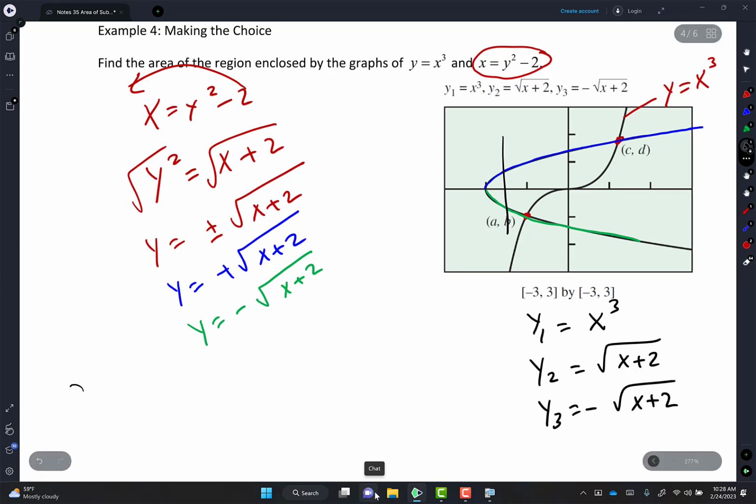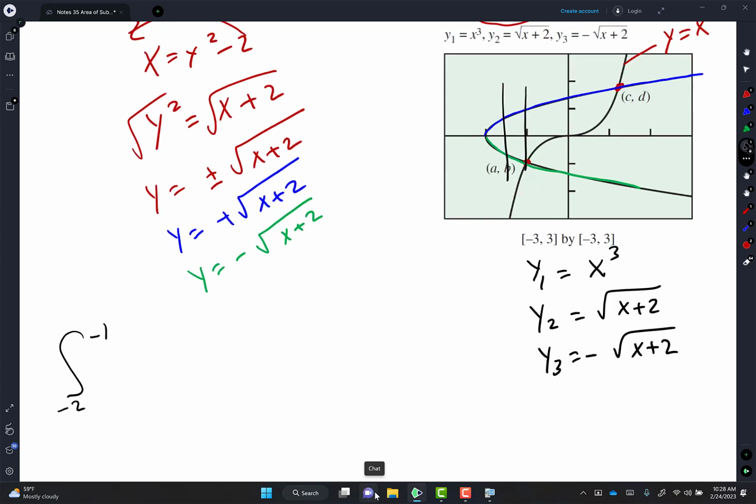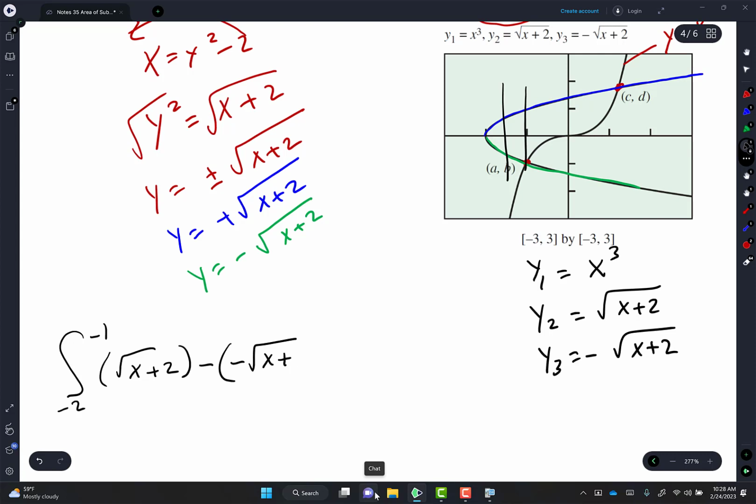So I'm going to integrate from -2 all the way to -1. And it's the blue curve, which is positive, square root of x plus 2, minus the green curve, which is negative square root of x plus 2.